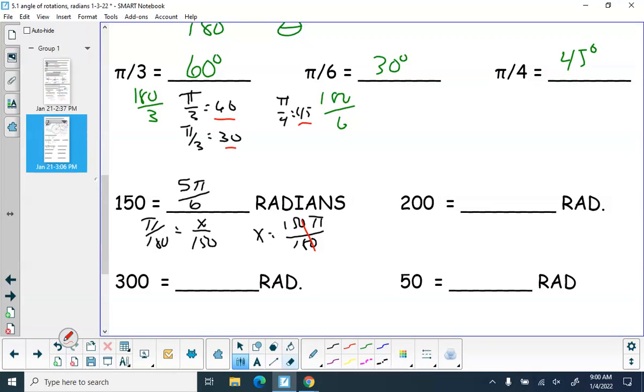I can multiply 30 by 5 to get 150. So I can multiply this by 5 also to give me 5 pi over 6.